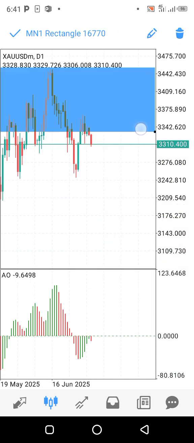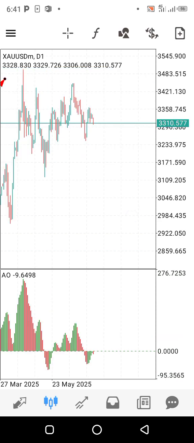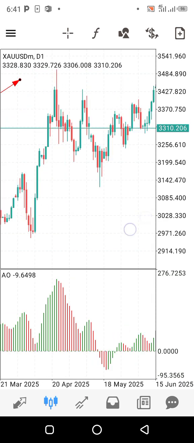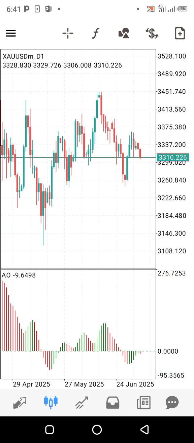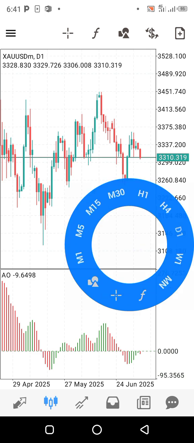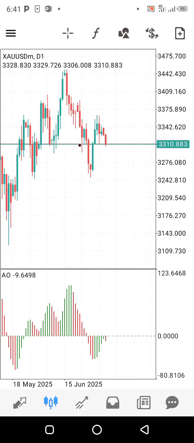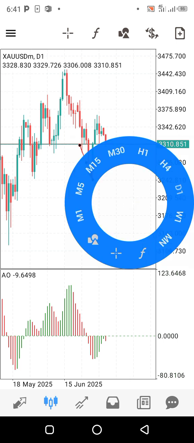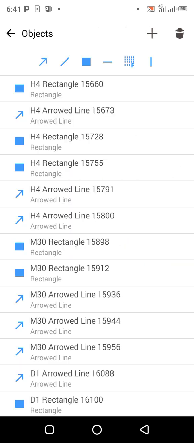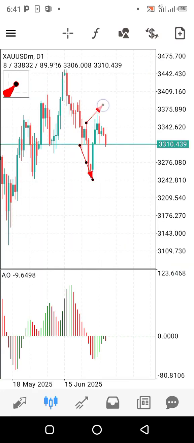Okay, let's first move this triangle. Okay, that's better. And what do we observe? Well, you observe that price has made kind of a Quasimodo setup around here. Price was making lower lows and then higher highs.